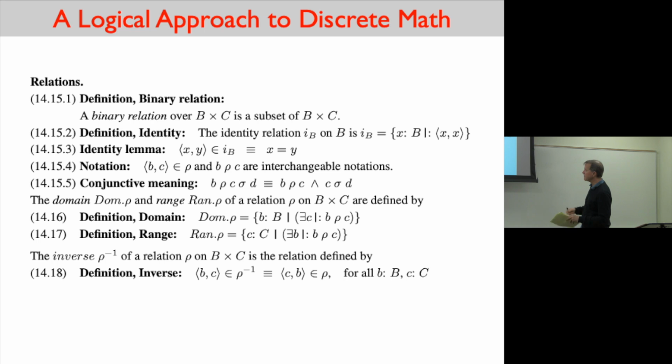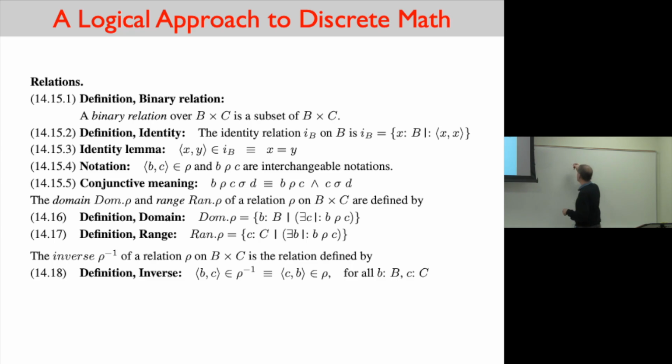I think the next thing that we wanted to look at is 14.15.4 and 14.15.5. Now, we have to get used to some notation here. So let's take a look at 14.15.4. B comma C is an element of rho, and B rho C are interchangeable notations. Do you remember the example?